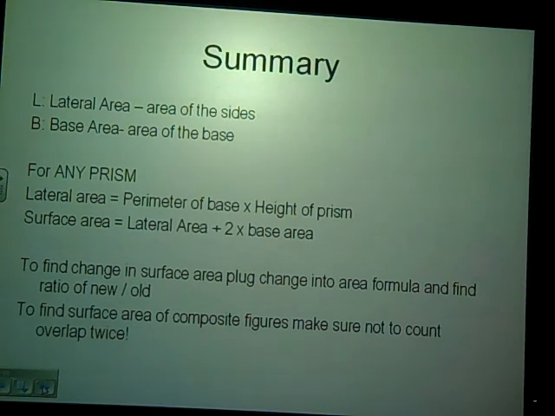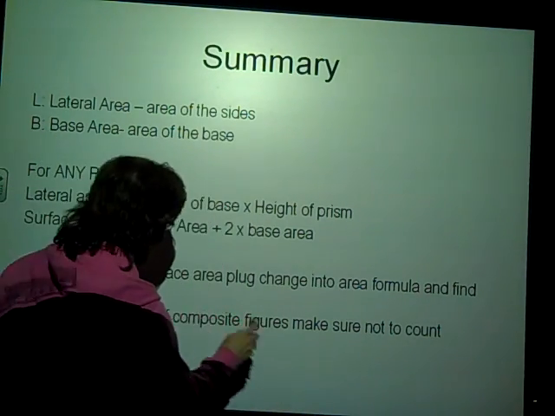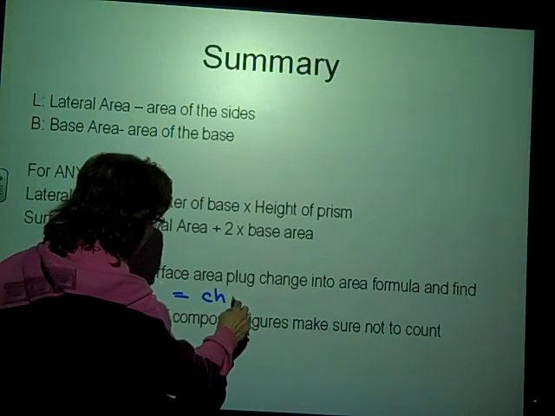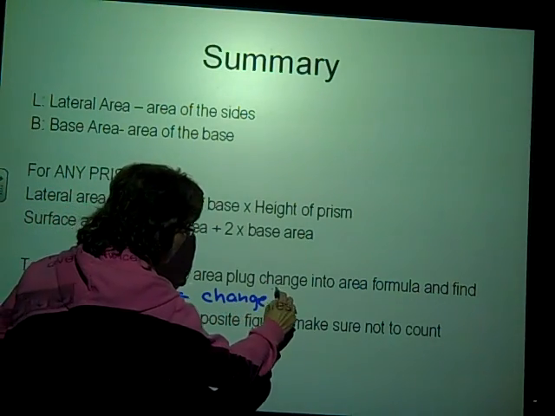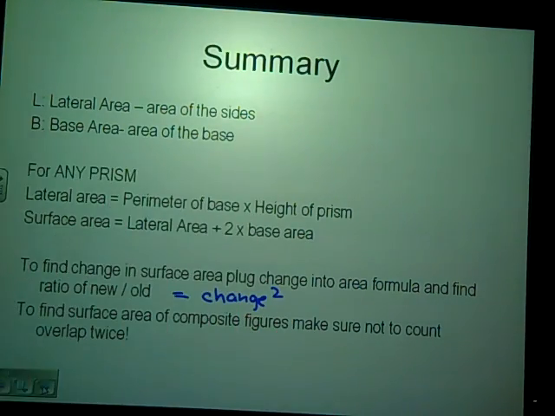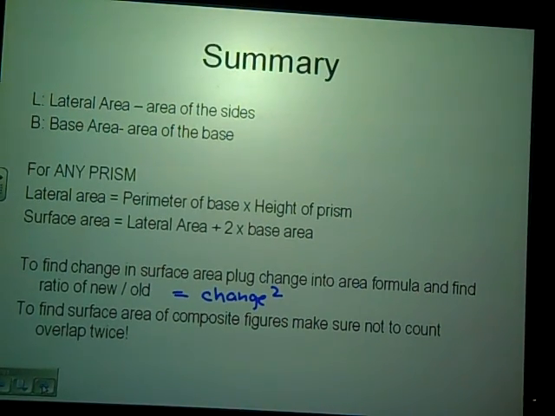To find a change in a surface area, plug the change into the area formula, find ratio of new to old, and it will always equal whatever that change is squared. So if you need to convince yourself, plug it into the formula. Otherwise, it's just whatever that change is squared to find the change in area. And to find surface area of a composite figure, make sure that you don't count overlap twice. See ya in class.